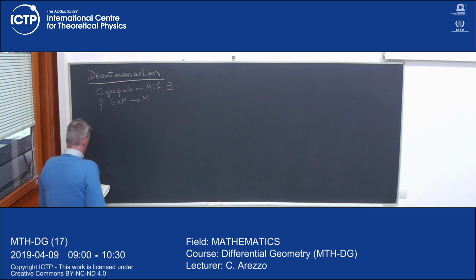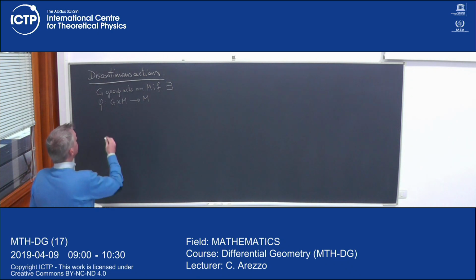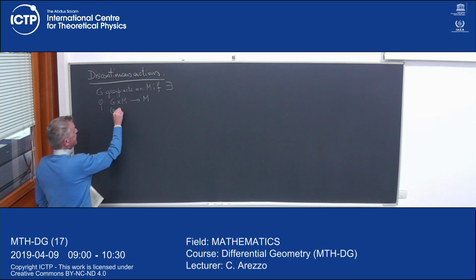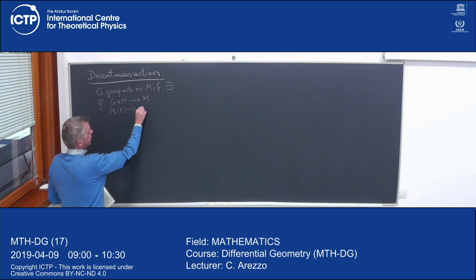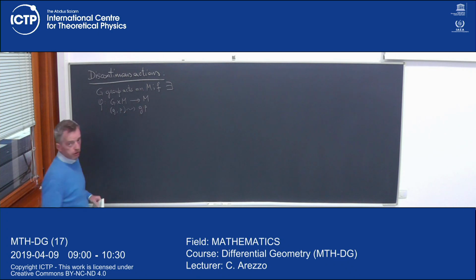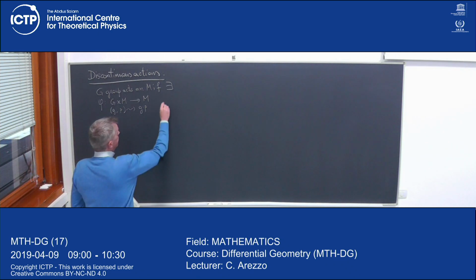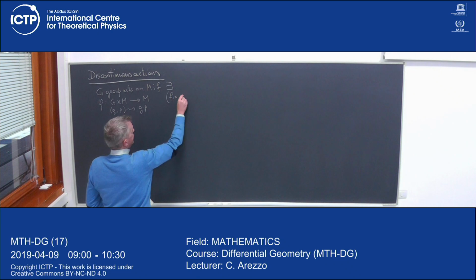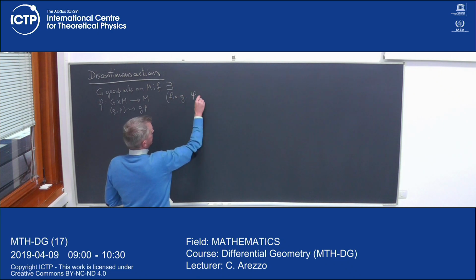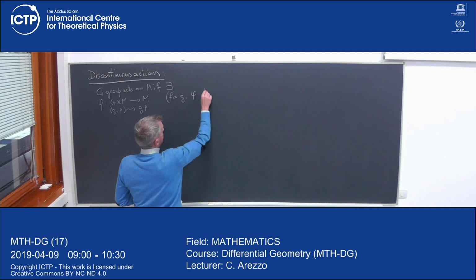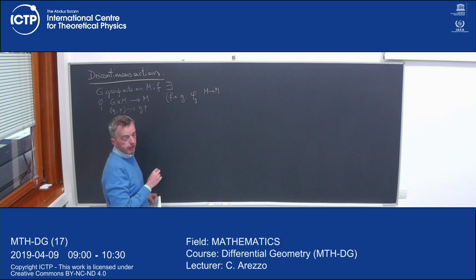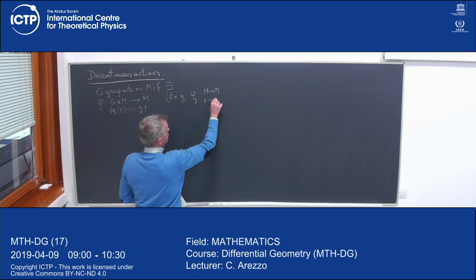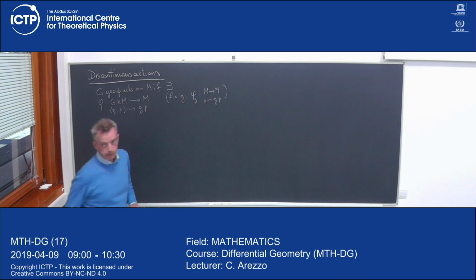So here, many equivalent notations: we will take an element of the group that we call little g and the point p, and it gives me something that I will denote by g dot p. And actually if I fix g, then of course I have a map phi from M to M, but with g fixed, I will indicate it with the lower g here, which takes p and gives me g dot p. So the action of one single element. These are all notations that I will use.